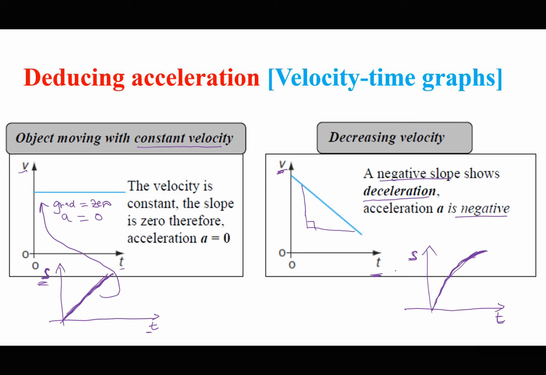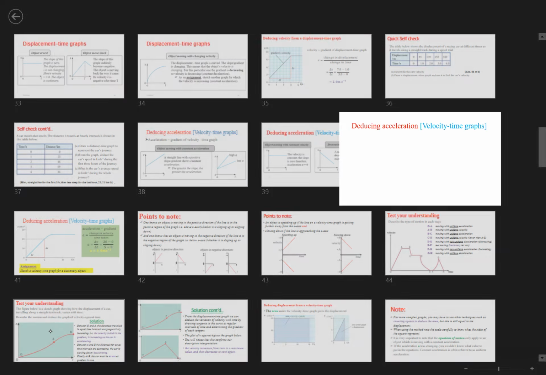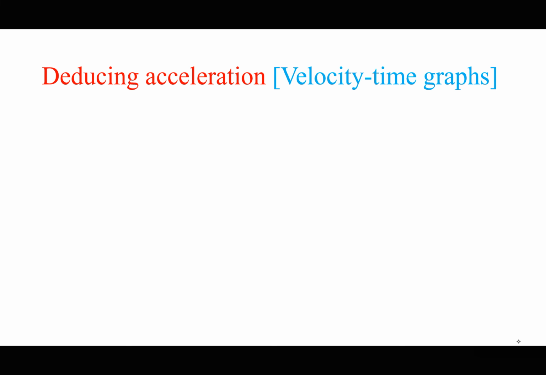Okay, suppose the body is moving, but this time with a non-uniform velocity, not with a uniform velocity. So if we think of a situation where the body is moving with non-uniform acceleration or non-uniform deceleration, then it will no longer be a straight line, because uniform refers to a straight line.